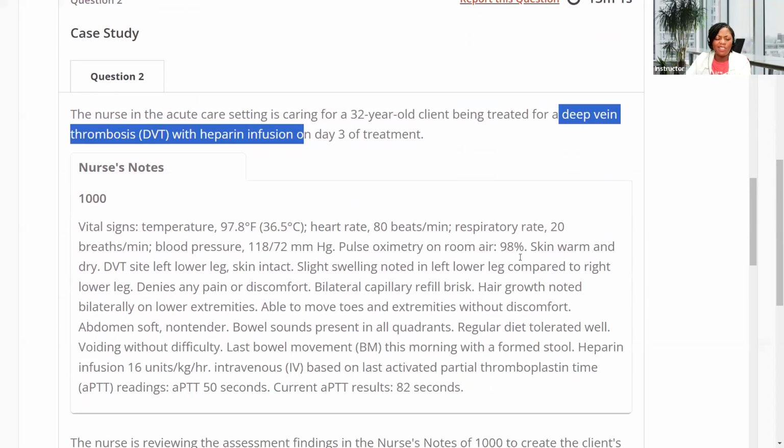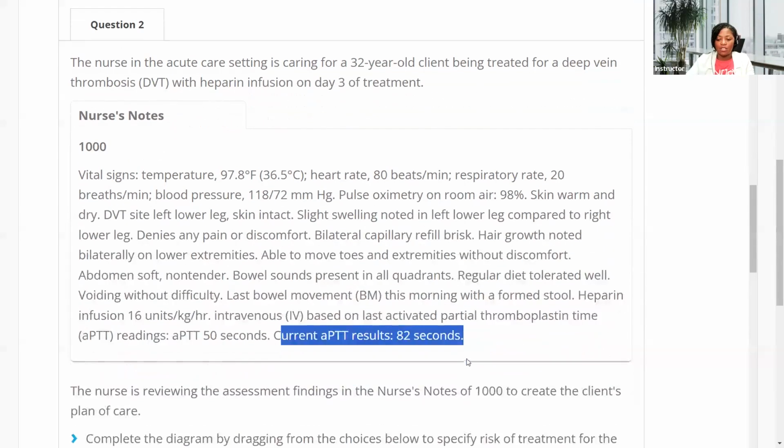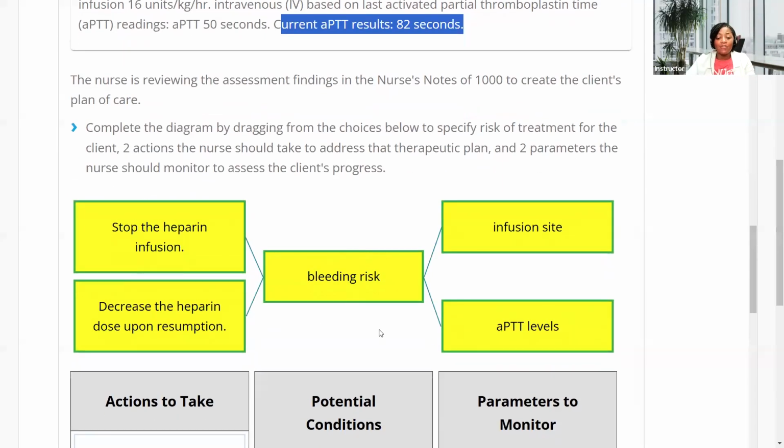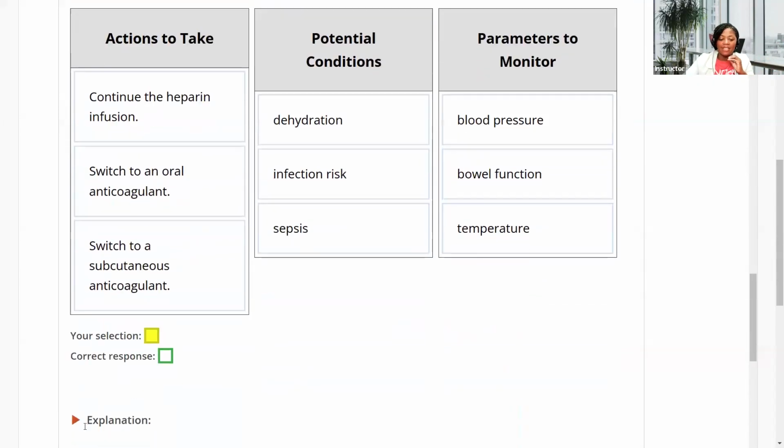We realized as we were reading the note that nothing was really standing out to us until we got to this last line, right? With the patient having a very high APTT level, which was 82. That put our patient at risk for bleeding, which means that we need to take action: stop the infusion, decrease the heparin dose, and then resume it. And then we need to monitor the infusion as well as the APTT levels.